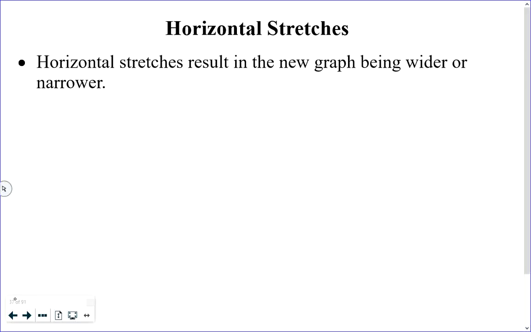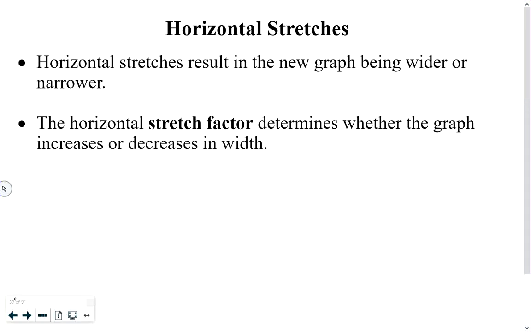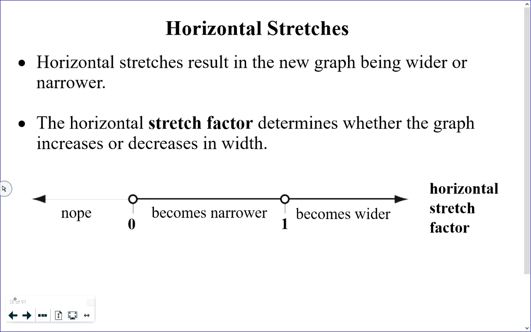Horizontal stretches result in the new graph being either wider or narrower. So we have a horizontal stretch factor. And the same thing holds as what I just said about vertical. Except that if we have a stretch factor that's greater than 1, that means it gets bigger horizontally, so it doesn't get taller, it gets wider.